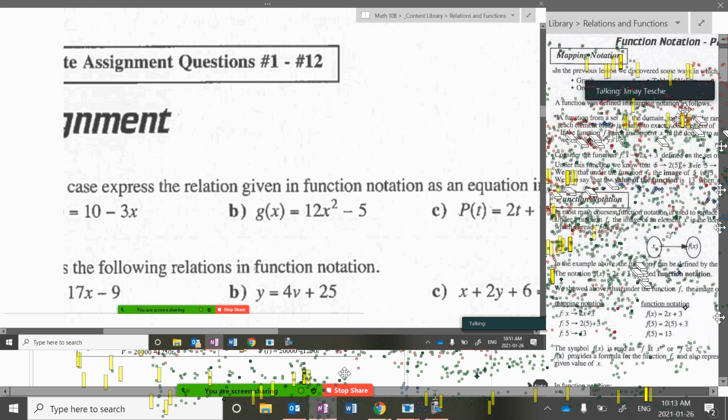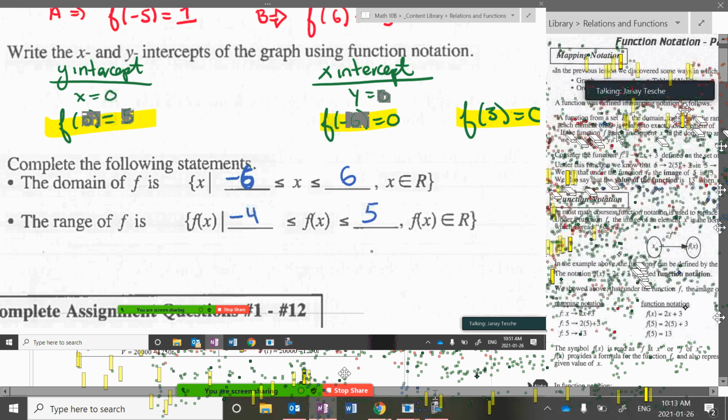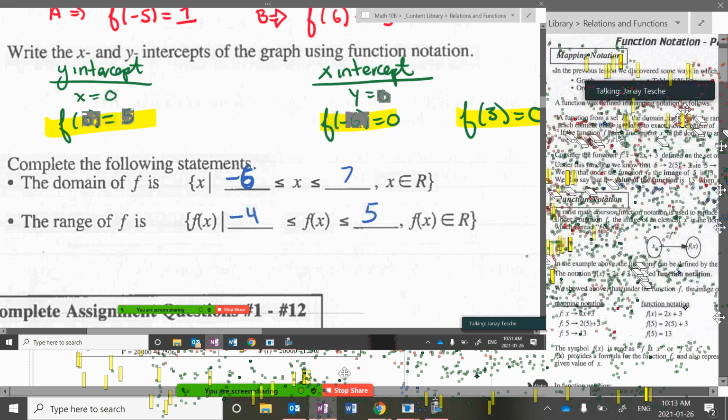Yeah, so it goes all the way to the point where it touches our x-axis at -6. And then you're right, it actually goes further, doesn't it? It goes all the way to 7. 5, 6, 7. I struggle to read when it's on my screen.